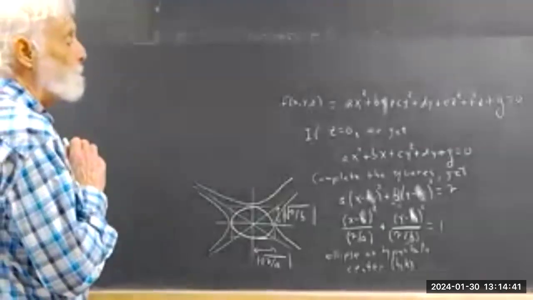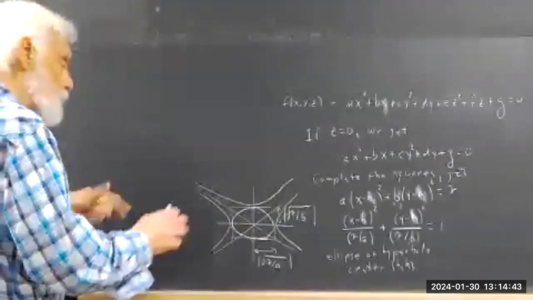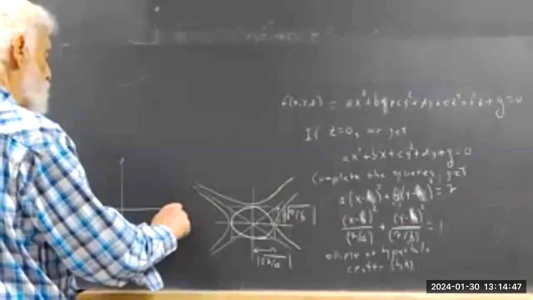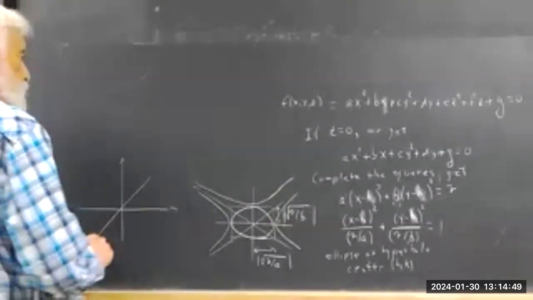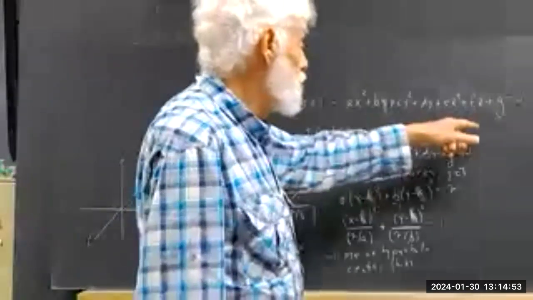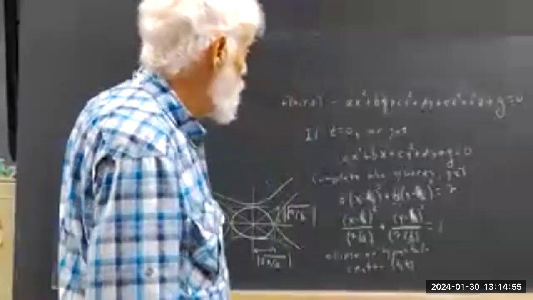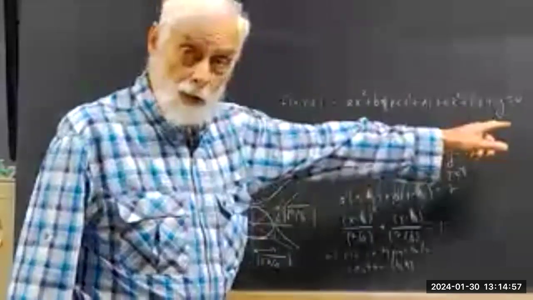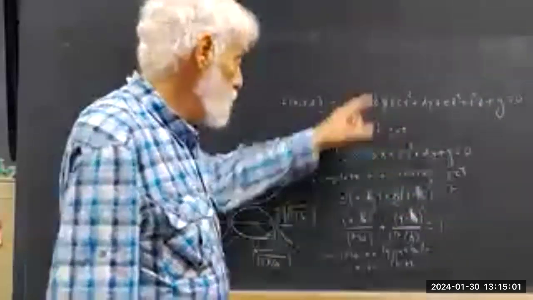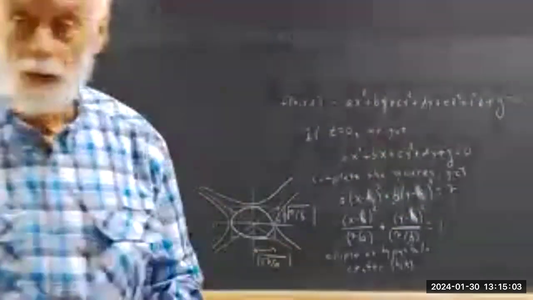Okay, well, the point of this then is that now we don't know what the set of all X, Y, and Z values are that satisfy this equation. But we do know that if they're in the XY plane, it's one of these three shapes in that plane.